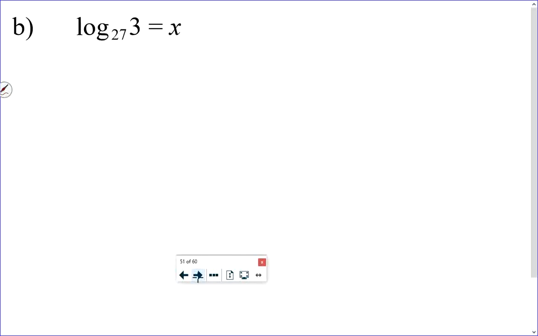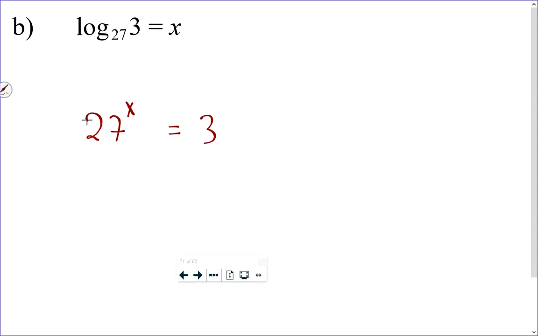This one's a little more tricky. And I think some of you can tell me that it's equal to a third, but many of you will need to write it out in exponential form. You would write 27 to the x equals 3. And if you remember from Math 20, and many of you will, that a cube root is an exponent of a third. And I need to take the cube root of 27 to get 3, so the exponent is a third.